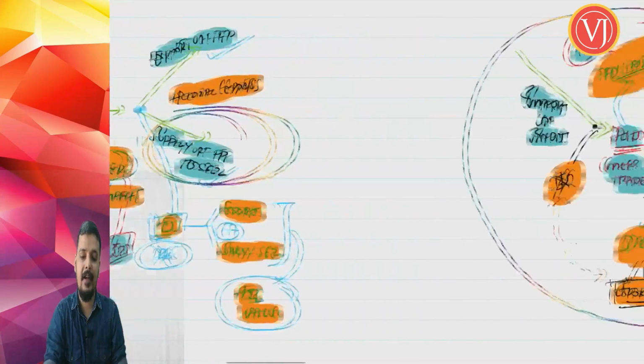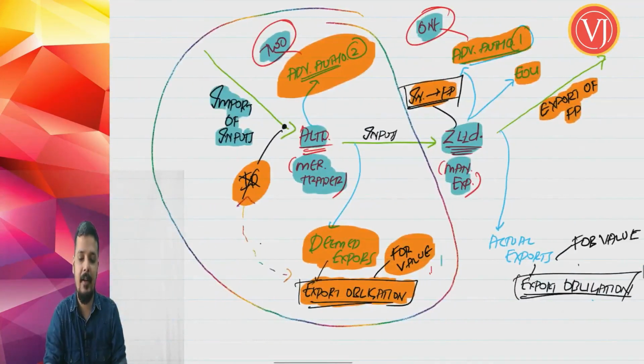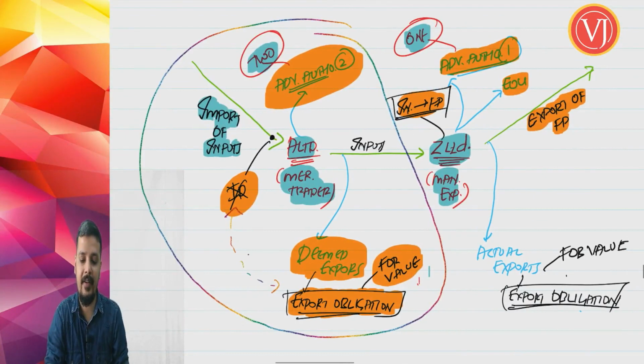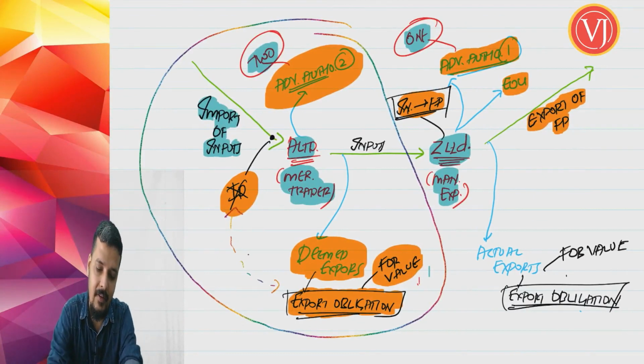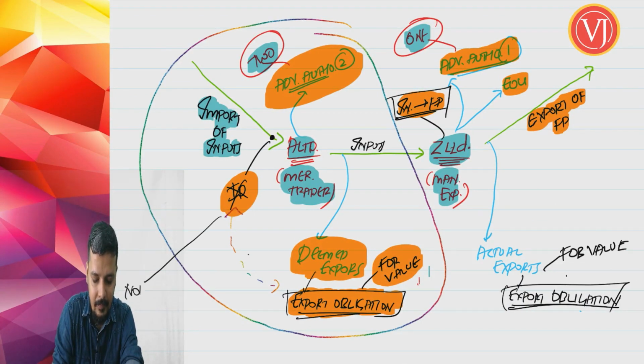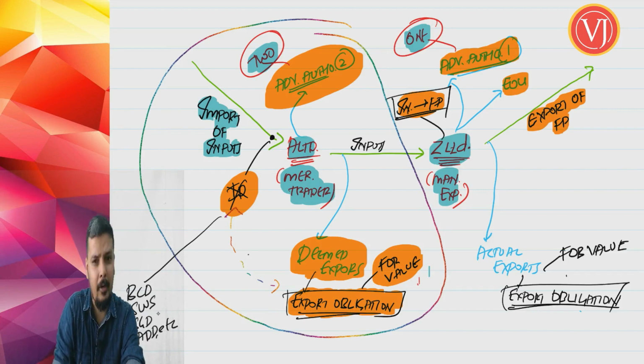But for deemed exports, when I say import duty is also exempted, what is exempted here, friends? You have to understand. What is exempted is your other normal customs duties. Your BCD is exempted, your social welfare surcharge is exempted, your safeguard duty is exempted, your anti-dumping duty is exempted, and your protective duty is exempted.